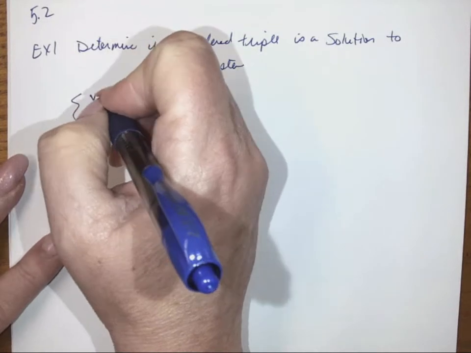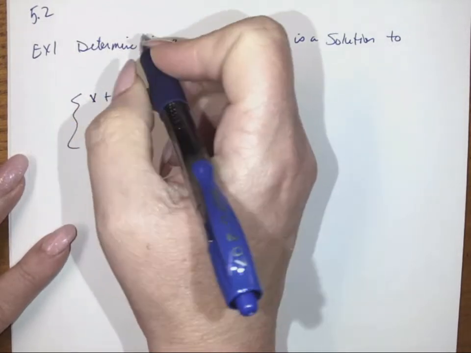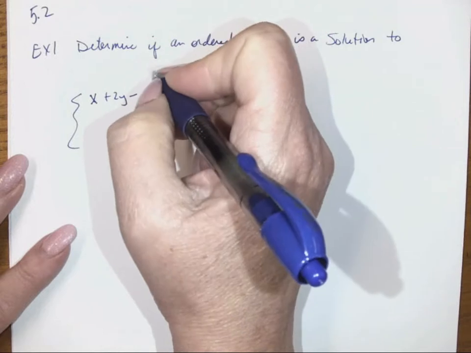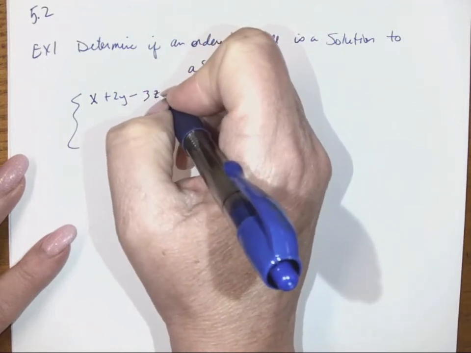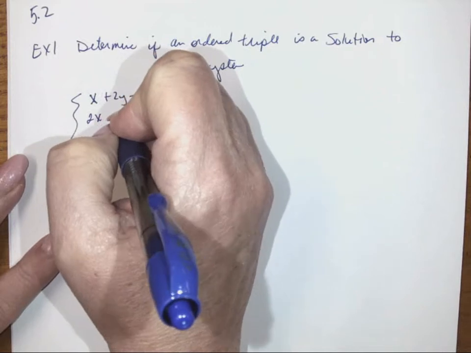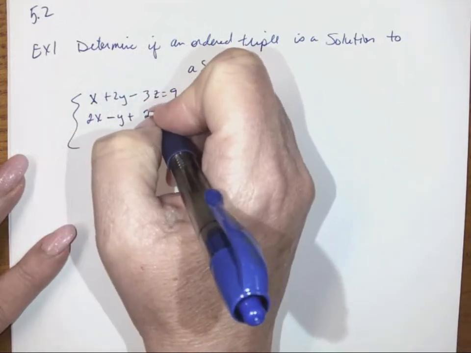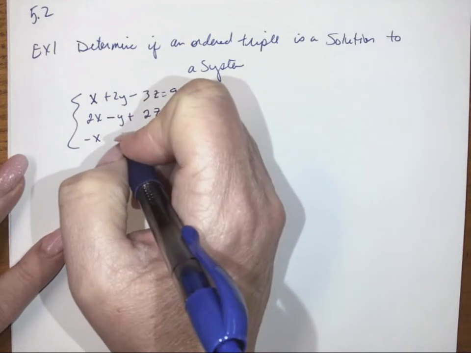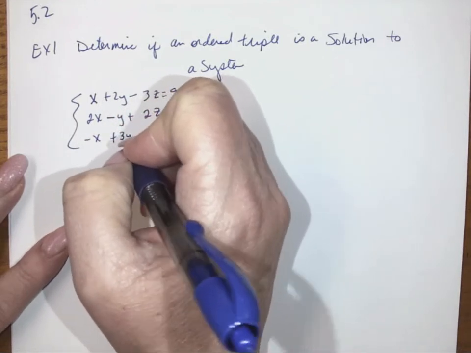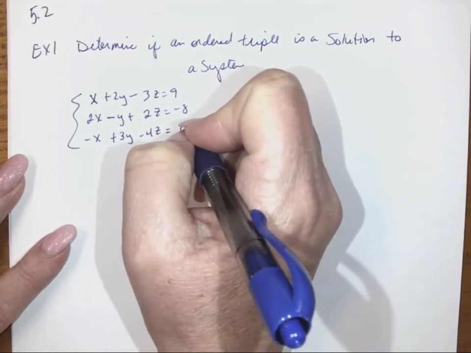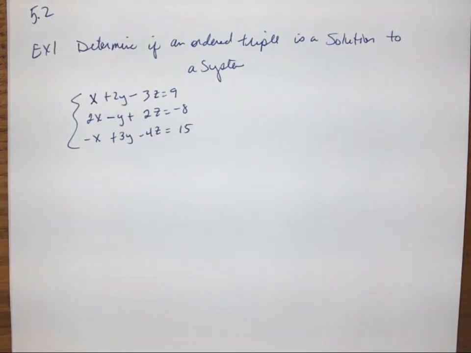We'll have x plus 2y minus 3z equal to 9, 2x minus y plus 2z is equal to negative 8, negative x plus 3y minus 4z is equal to 15. So we have 3 equations and we have 3 variables.